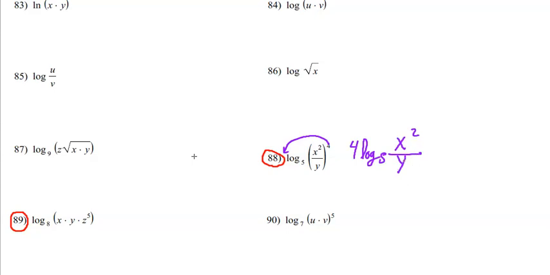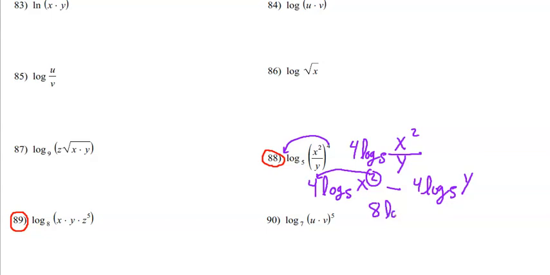We can use our subtracting logarithms property to separate into 2 different terms. And then we could move this 2 to the front using the power rule again to get 8 log base 5 of x minus 4 log base 5 of y. And that's our expanded expression.